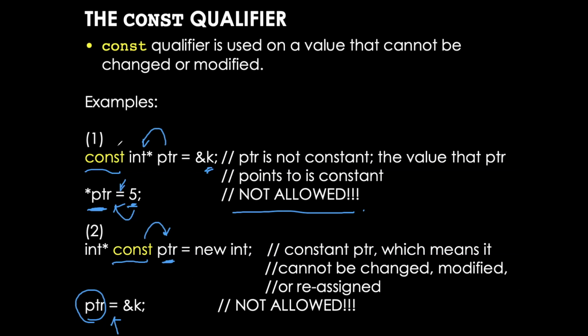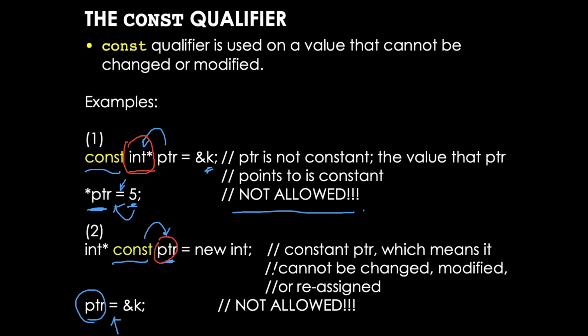So just remember, if you come across a const in the future, notice what comes after that const declaration. Whether it refers to the value that the pointer points to, or to the pointer itself, these mean two different things.